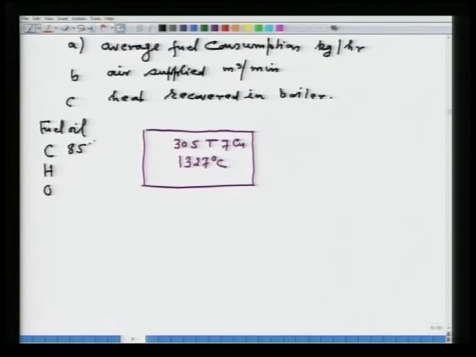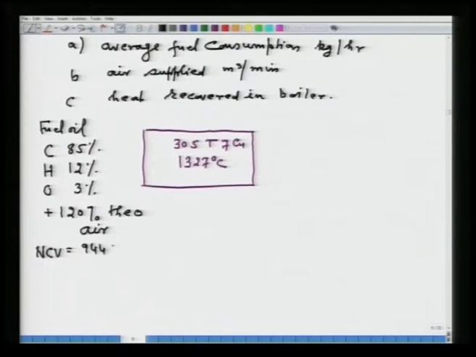Carbon is 85%, hydrogen is 12% and oxygen is 3%. It is burnt with 120% theoretical air. Now, its NCV is also given, that is 9446, given in kilocalorie per kg.